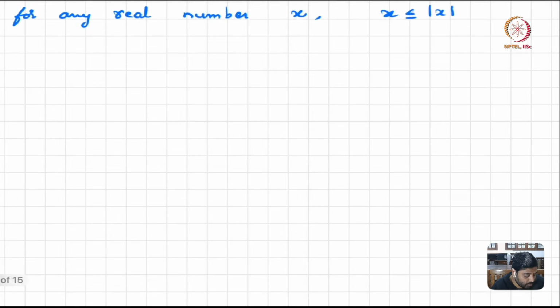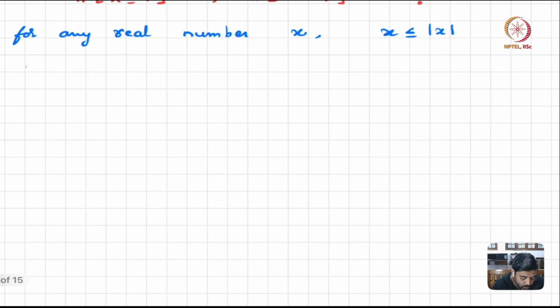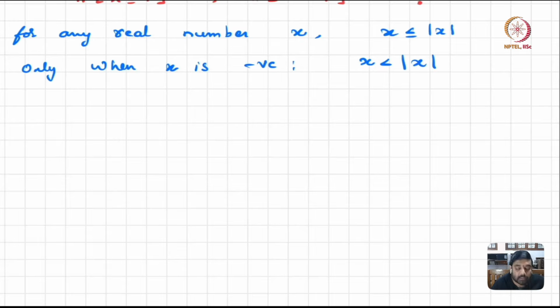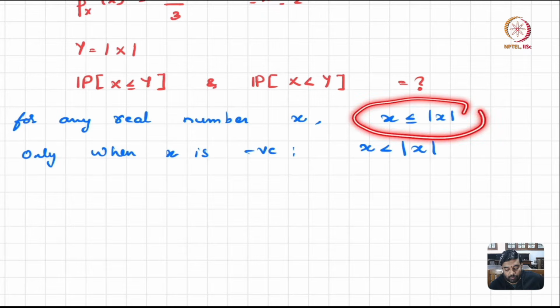So now this holds, and only when x is negative, x will be strictly less than mod of x. Now you see this and this are different.